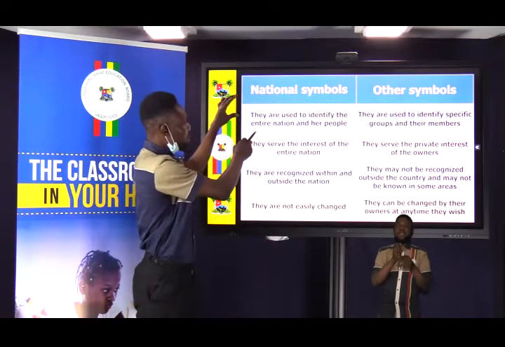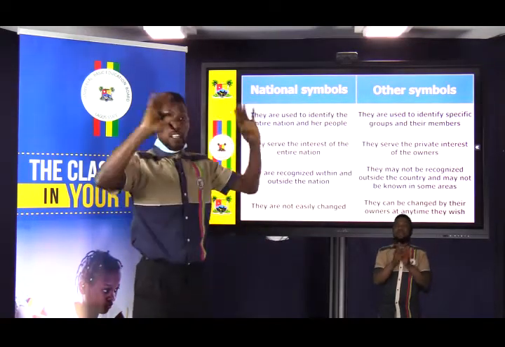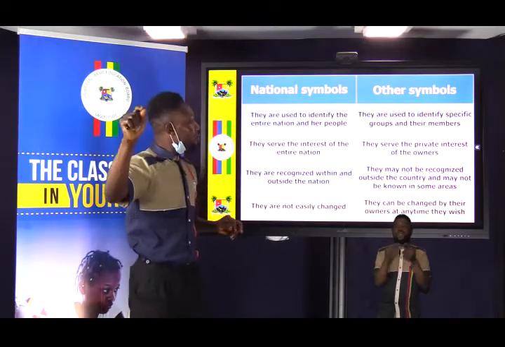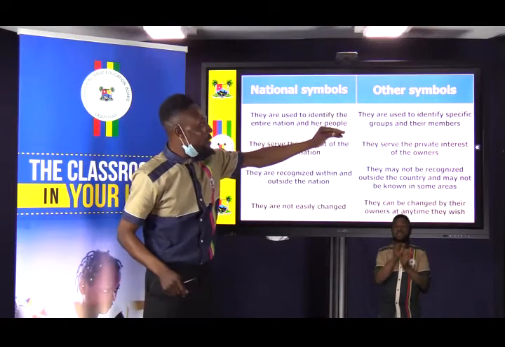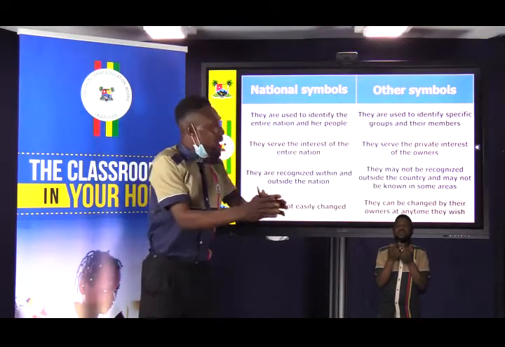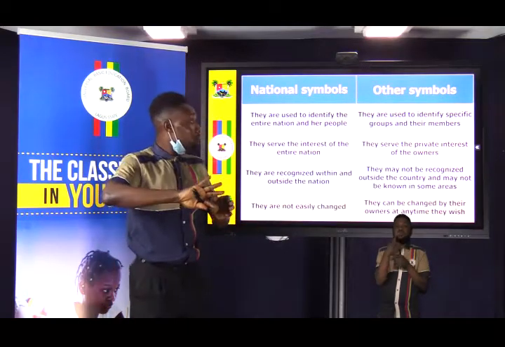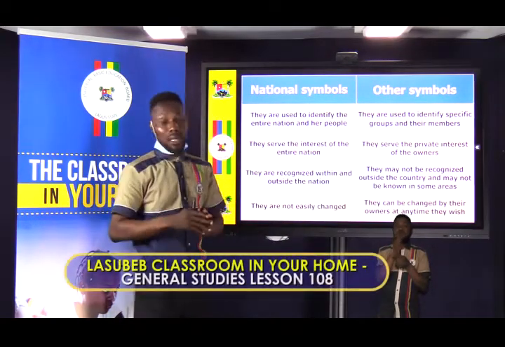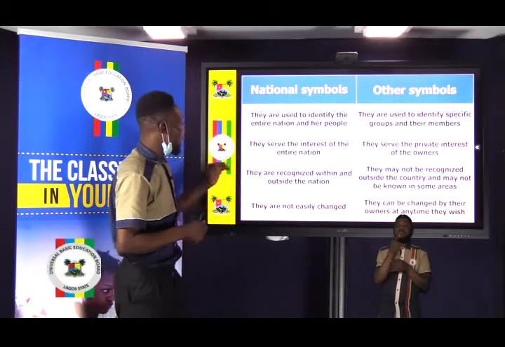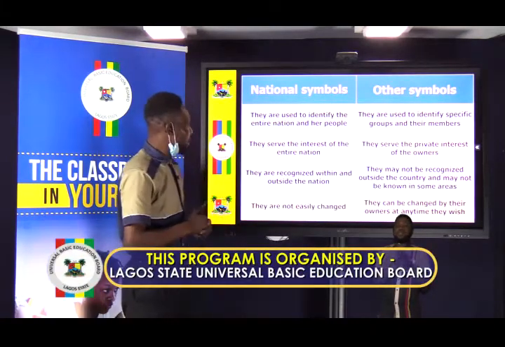They will know that this belongs to the country Nigeria. But other symbols are used to identify a specific group. It could be the group for NLC. It could be the group for one company or institution and their members. That's the first one.